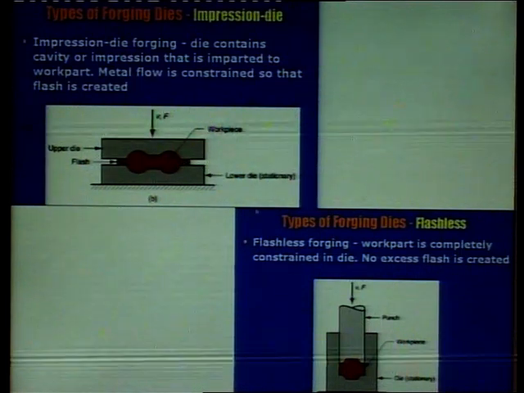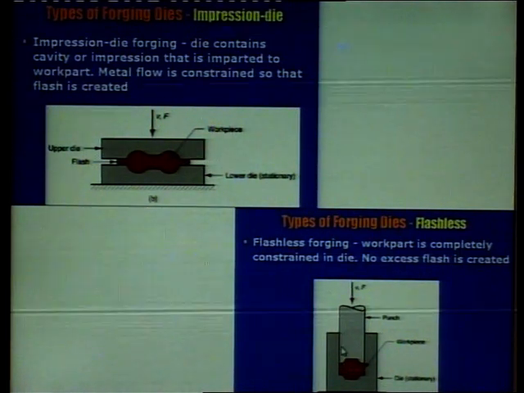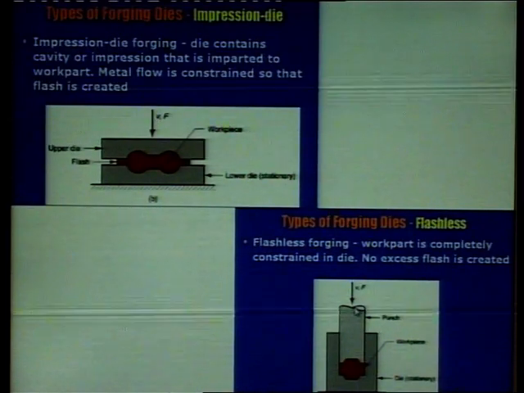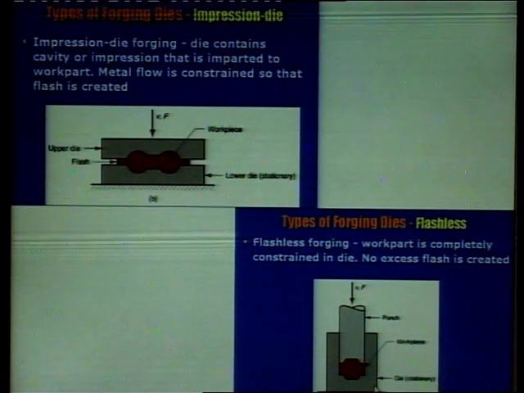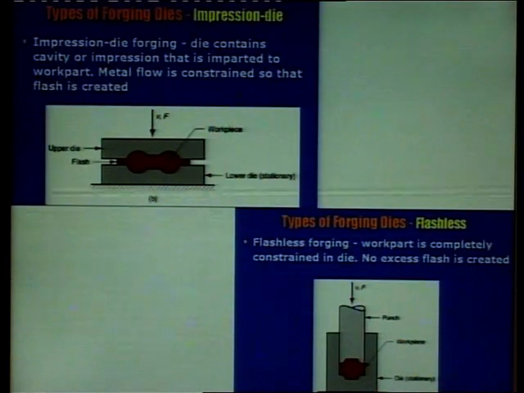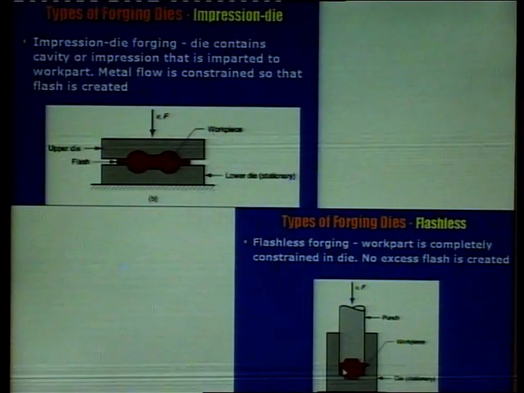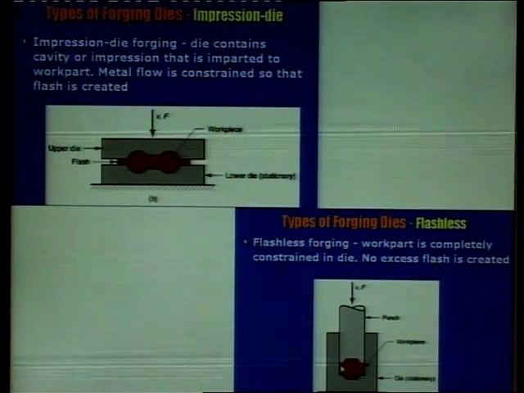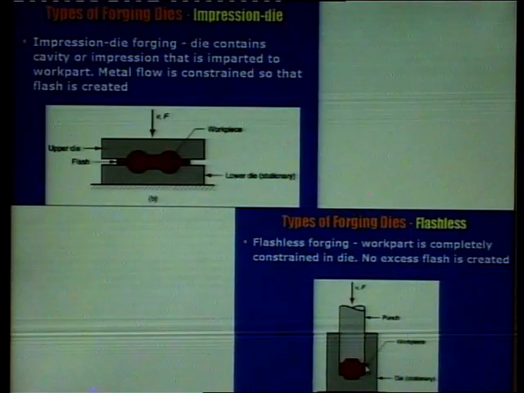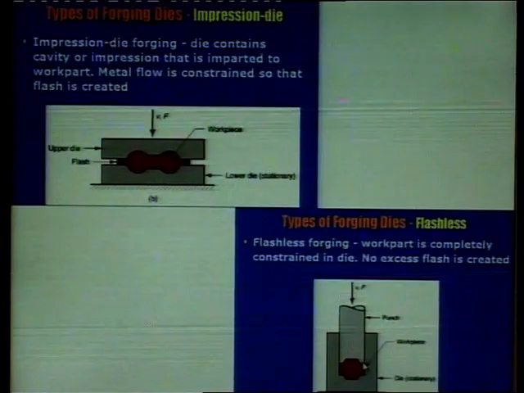But we can have flashless forging also. Just see here, it is very controlled. This is the upper half, or punch, and this is the lower half of the die. Here the material cannot flow out, so it has to remain within the boundaries. This is flashless forging.